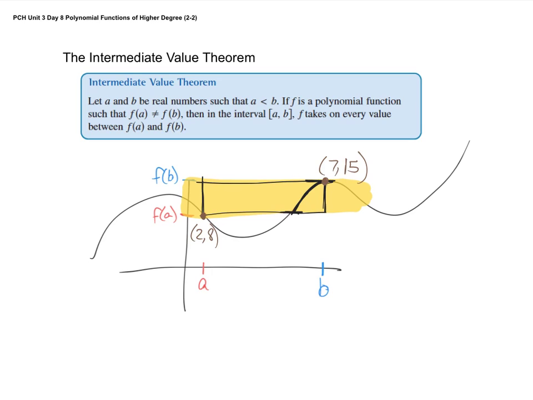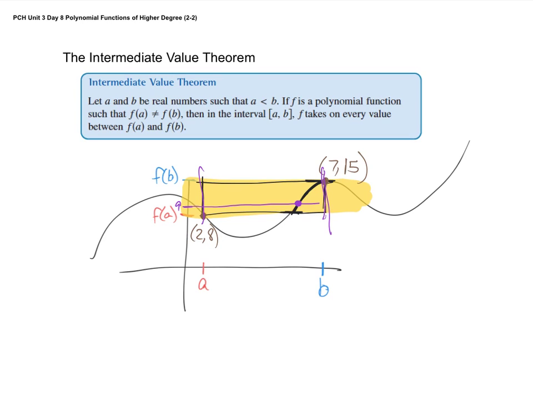So someone give me a value between 8 and 15. 9. Okay, so if I look here for 9, let's say this is 9 right there. If I come straight across here, I will hit the function somewhere between 2 and 7. That's all this theorem is telling us. I am guaranteed to hit the function somewhere between 2 and 7.